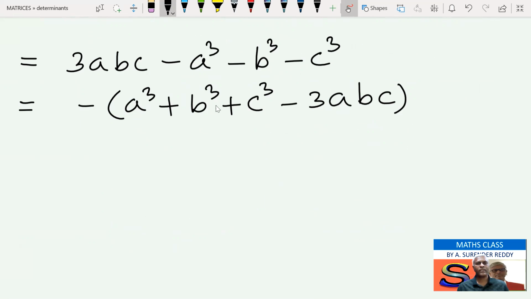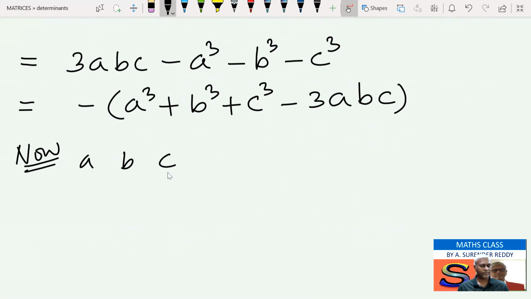You can take minus common and the remaining will change its sign. So now, squaring: we want the square of this value.